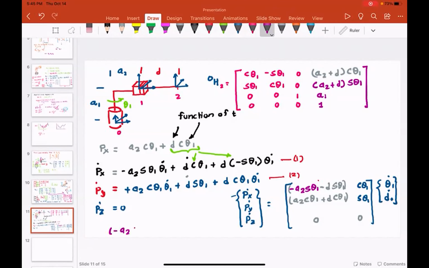Minus A2 sine theta 1 minus D sine theta 1 multiplied by theta 1 dot is this term, right? Plus D dot cosine theta 1 is this term, right?